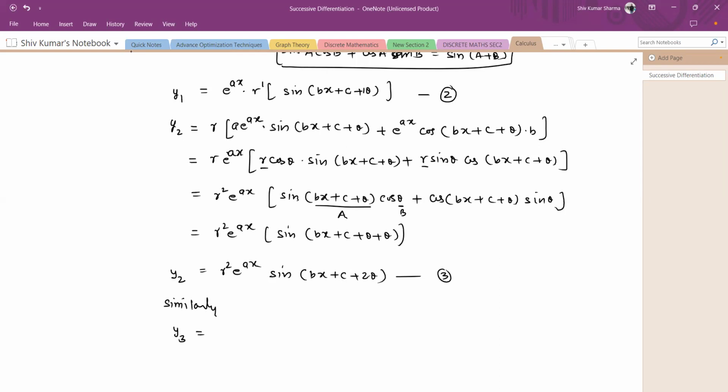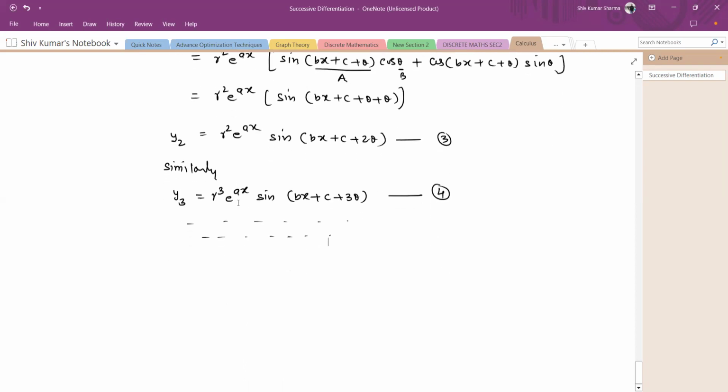So similarly, when we write down the third derivative, this gives us r raised to the power 3, e raised to the power ax sine bx plus c plus 3 theta. And we do it for the fourth derivative, fifth derivative, and similarly we write down the nth derivative.